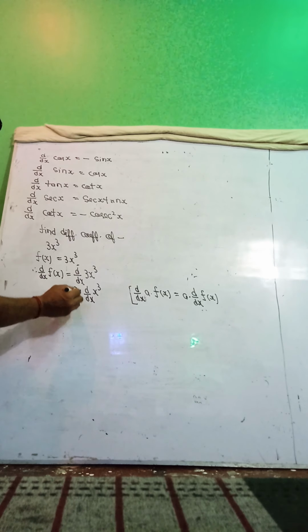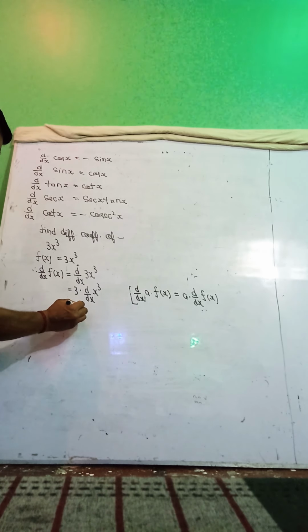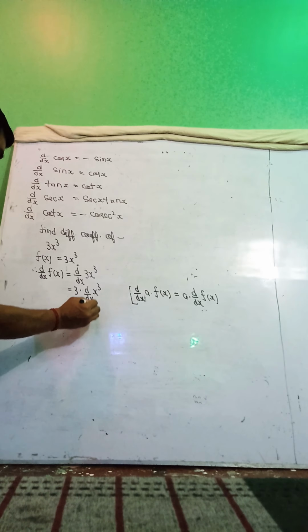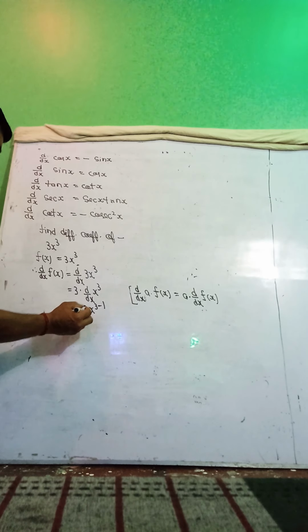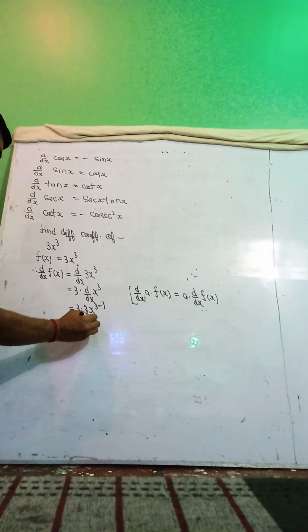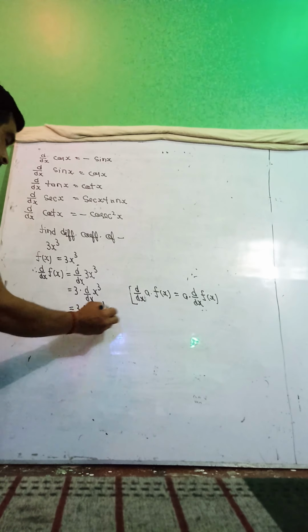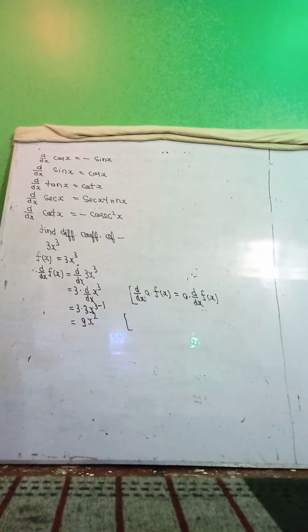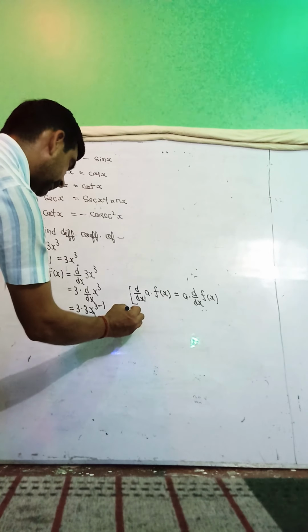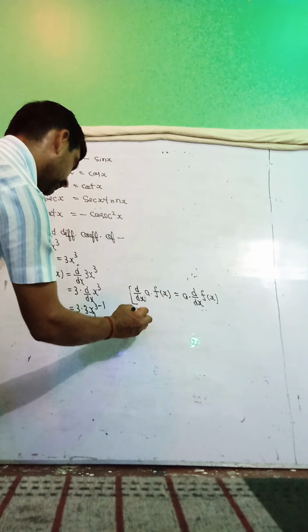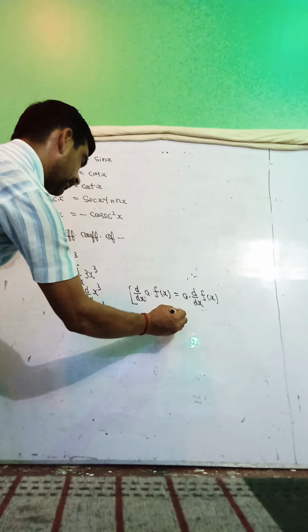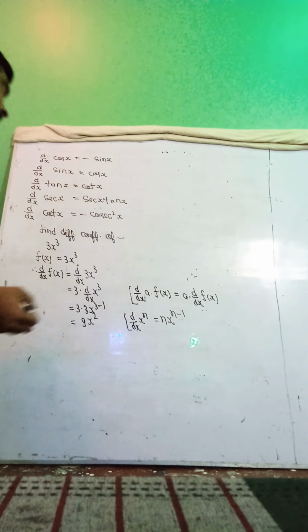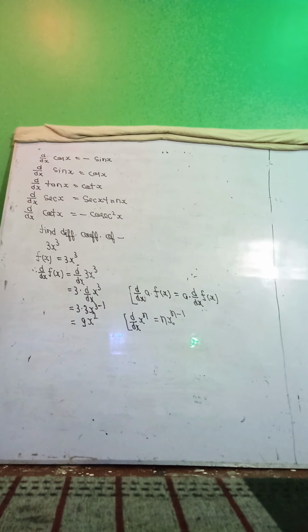So here we will write 3 into 3x power 3 minus 1 is equal to 3 into 3 is equal to 9x square. Here we use formula d/dx x power n is equal to n x power n minus 1, which is also told you in previous video.